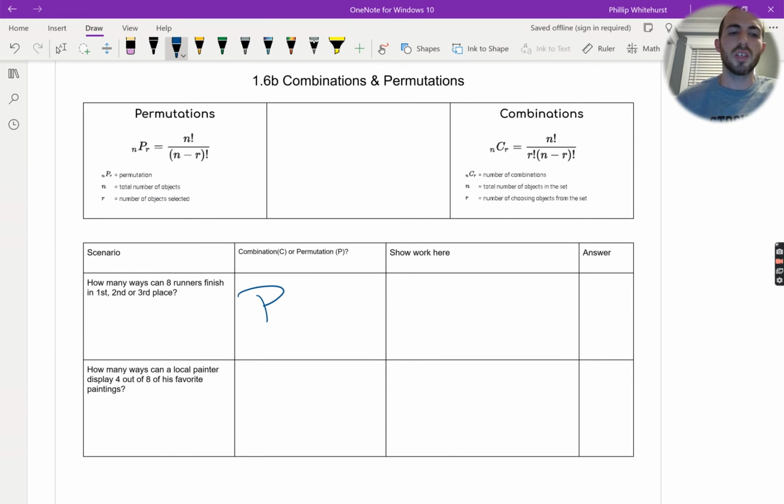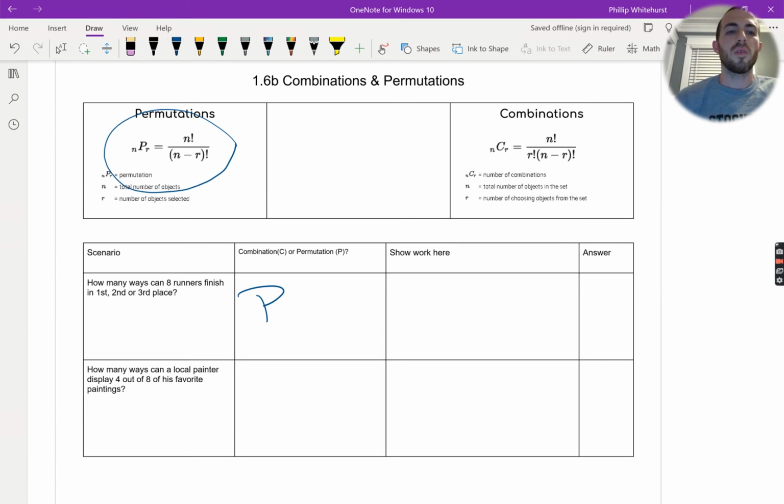Now, if it's a permutation, we would have to plug the total number of objects in this equation to plug in the number of objects we want to select, but we're going to let the calculator do the work for us.